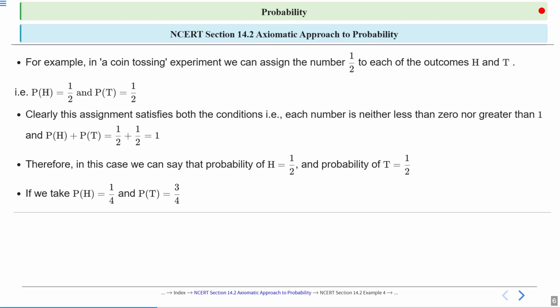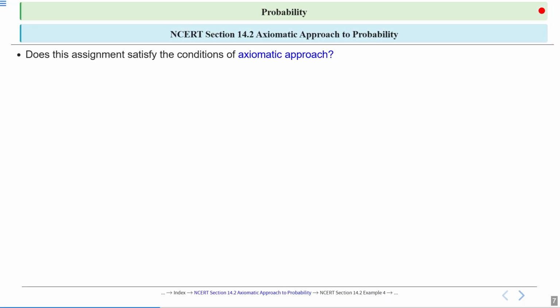So now we will check the probability of H and the probability of T. Does this assignment satisfy the conditions of the axiomatic approach? Students, try to check that.